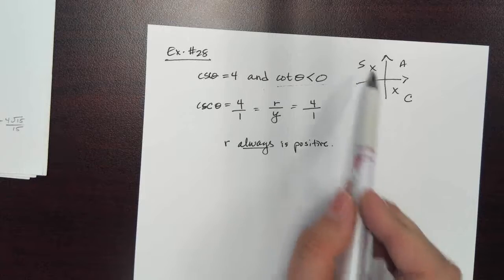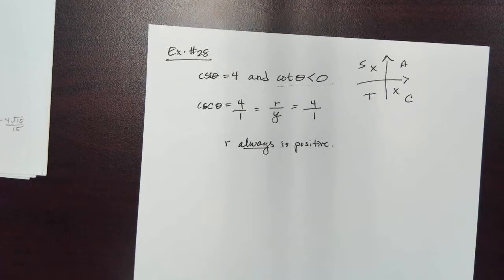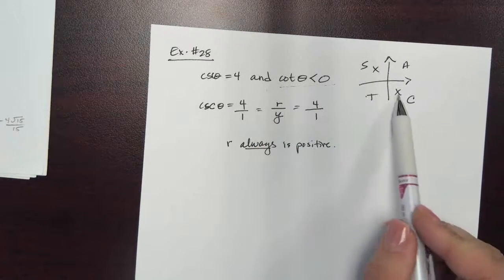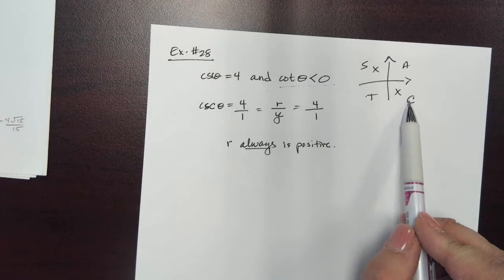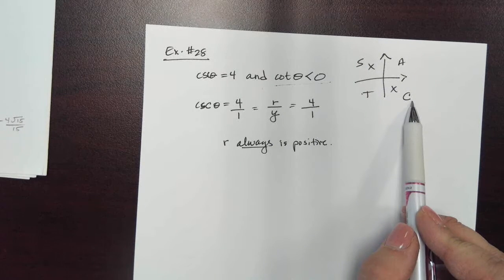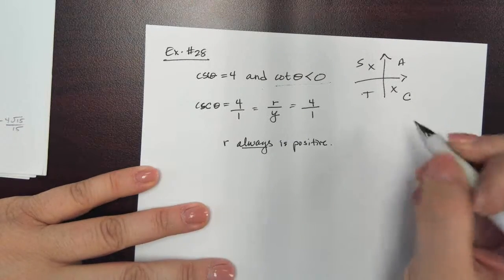Which quadrant of the two that I can choose from has y positive? Quadrant 2, because in quadrant 4, x is positive and y is negative. Does that make sense? X isn't something we're looking at in this scenario. I'll figure that out.